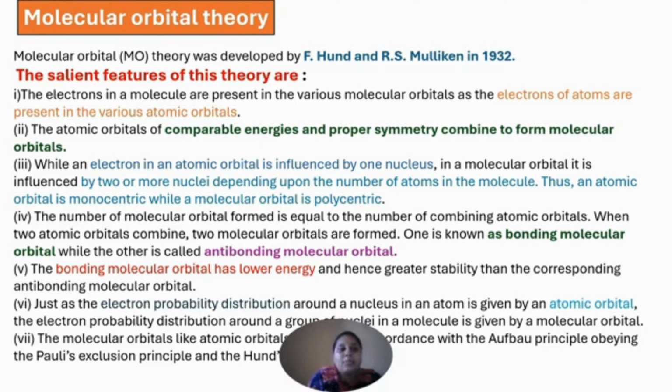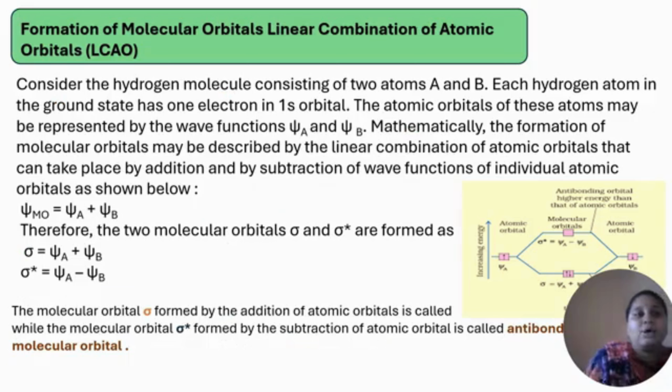As the electron probability distribution around the nucleus in an atom is given by an atomic orbital, the electron probability distribution around a group of nuclei in a molecule is given by a molecular orbital. The molecular orbitals, according to the Aufbau principle, obey Pauli's exclusion principle and Hund's rule.